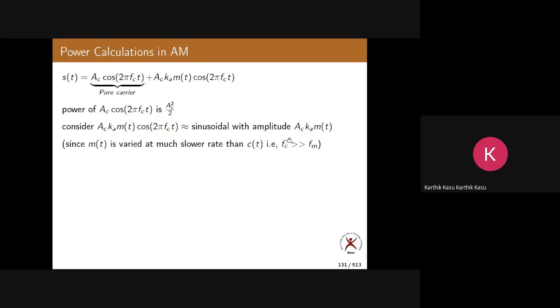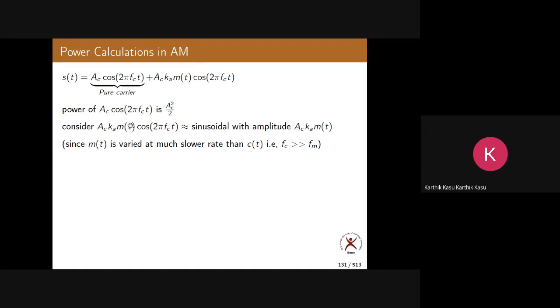Why? Because cos 2 pi fct is varying very fast compared to m of t. Fc is much more than Fm. This is a general condition. Simply, this is moving very fast and it is moving very slowly.